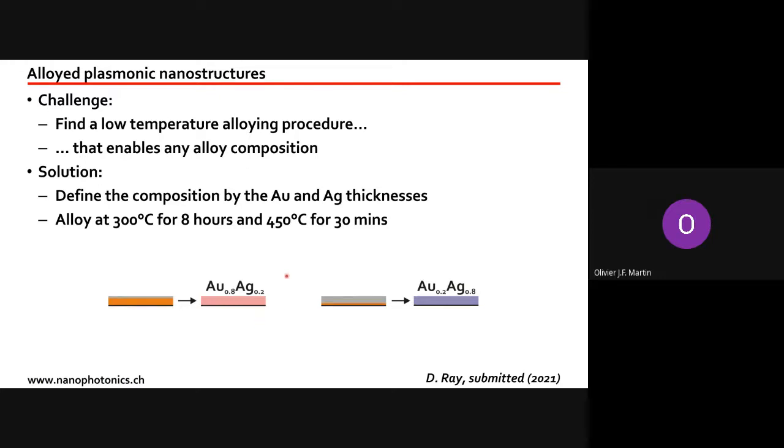Then you do this low temperature alloying, and you have an alloy which has a stoichiometry of 80% gold, 20% silver. You can do another deposition where you put 20 nanometers of gold, 80 nanometers of silver, you alloy it, and then you have an alloy with a composition of 20% gold, 80% silver.